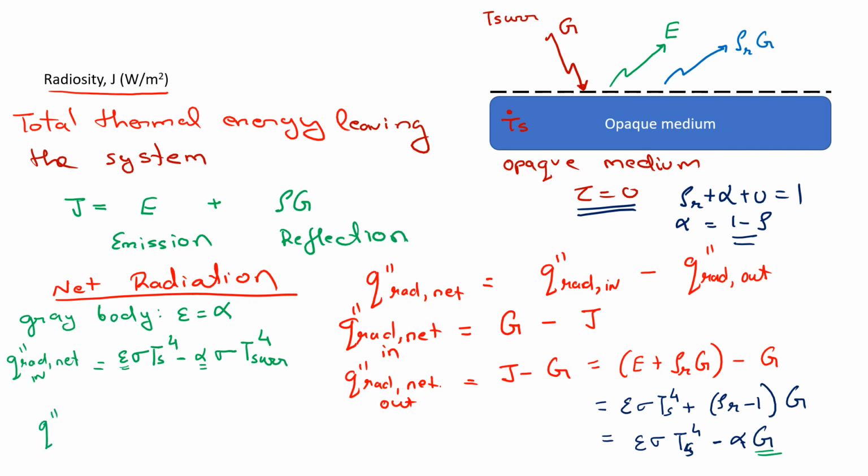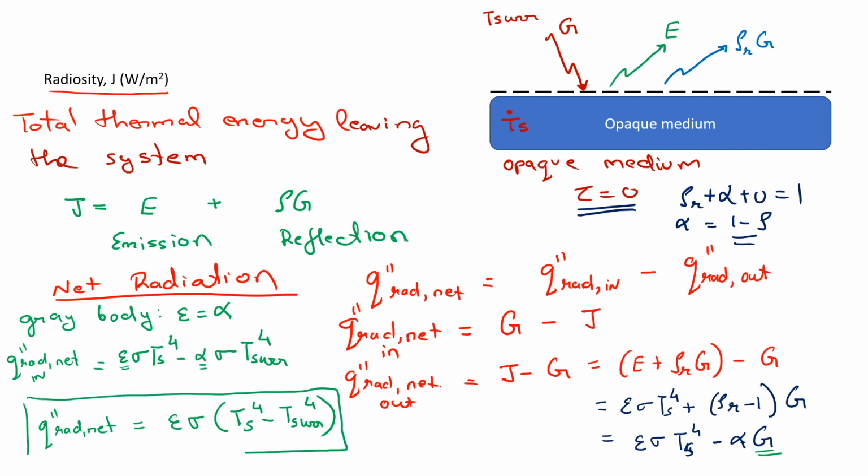So we can write our Q radiation net as epsilon times sigma times Ts to the power 4 minus T surrounding to the power 4. And this is the equation for the net radiative heat transfer.